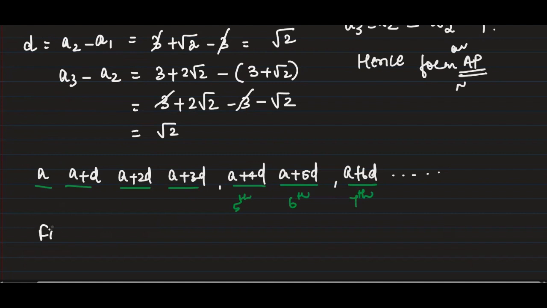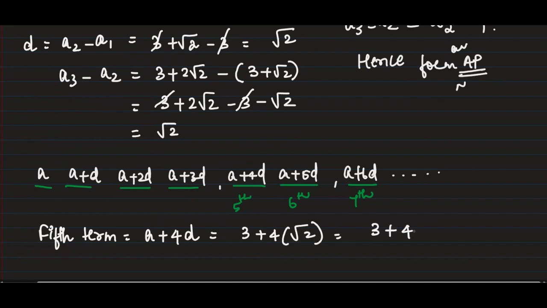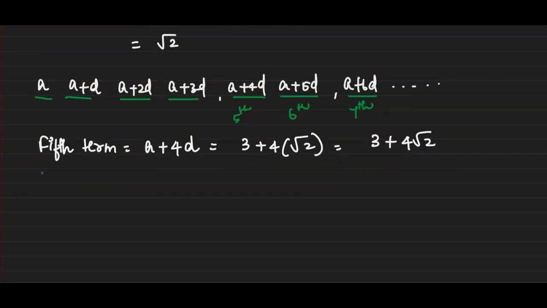So the fifth term is equal to A plus 4D. Here the value of A is 3. So 3 plus 4 into the value of D, which is root 2. So the fifth term will be 3 plus 4 root 2. Now next one. What's the value for the sixth term?